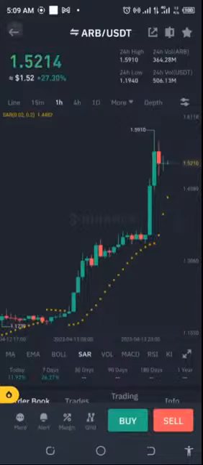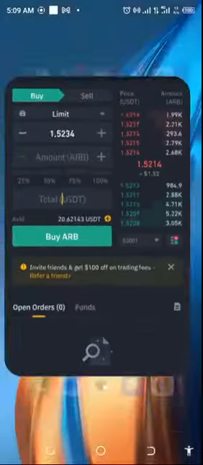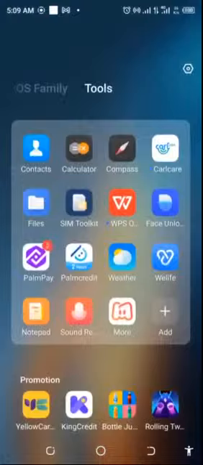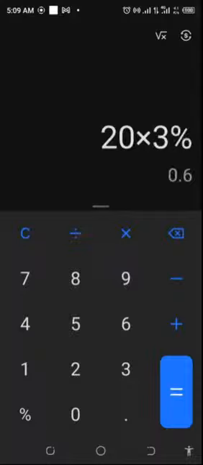So let's go check what this is on a calculation basis. We have 20.62, so we put $20 there times 3%. Yeah, this is about a 3% profit margin trade after all expenses have been removed.